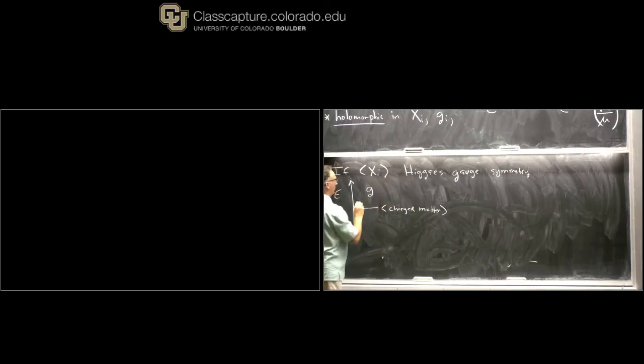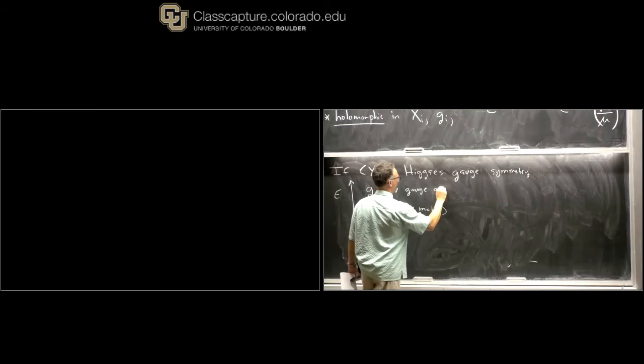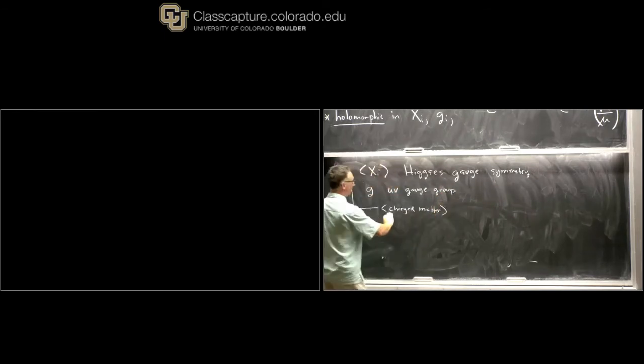Let's call the original gauge group G. So this is our ultraviolet gauge group. And then below the scale of this expectation value, some of the components of G get masses by the Higgs mechanism. Sometimes I'll just refer to those as being like the W bosons. So we have some massive gauge fields that are like W bosons, and we can integrate them out.